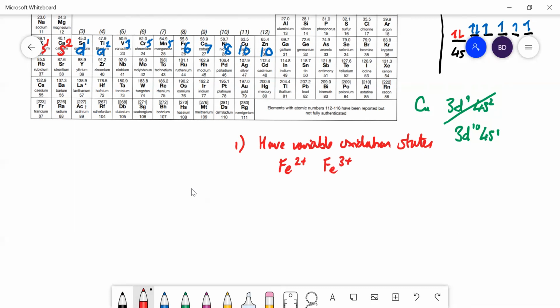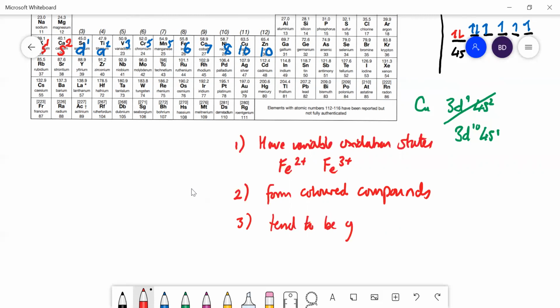That's just one example. 2, they tend to form colored compounds. A very familiar example of that would be copper 2+ ions, copper sulfate, blue, and that is all to do with the fact that it's got a partly filled D shell. A third one, which you might have heard of, is the compounds and the elements tend to be good catalysts.